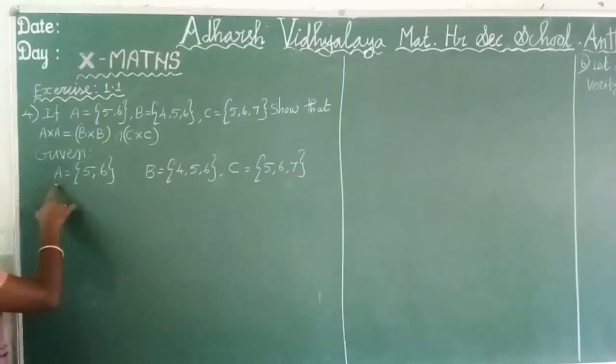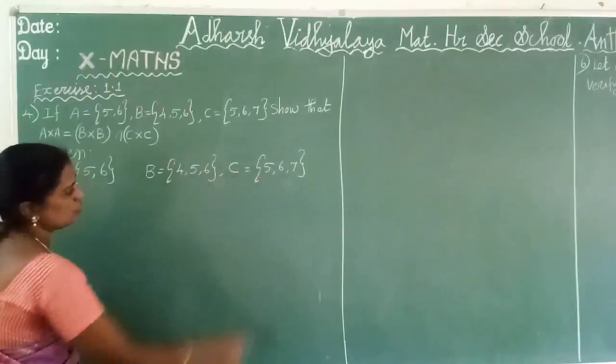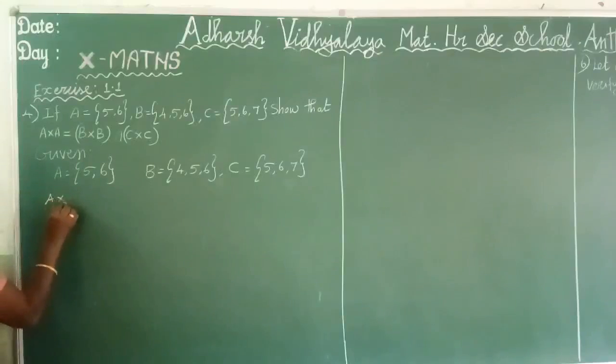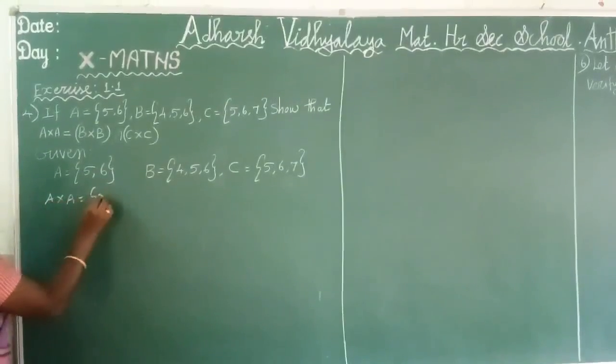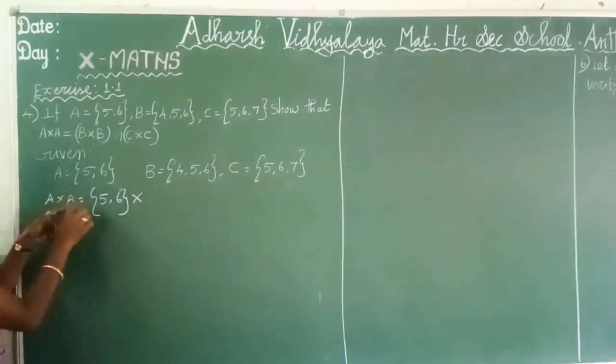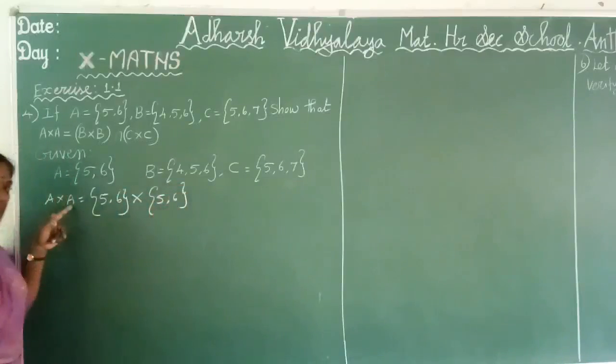So first, given A is equal to {5, 6}, B is equal to {4, 5, 6}, and C is equal to {5, 6, 7}. First you find A cross A, which is {5, 6} cross {5, 6}.